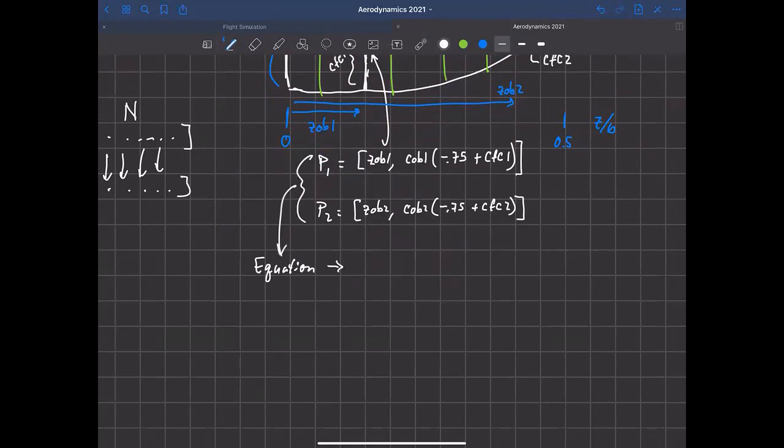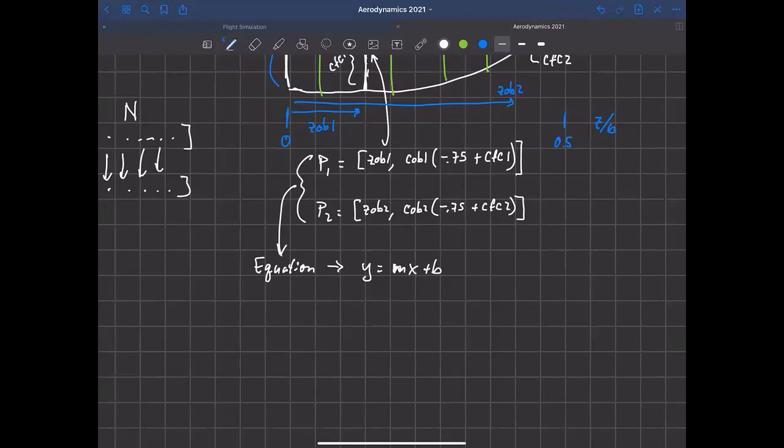I can come up with the equation for a line, and I can put that in the form of y equals mx plus b, right? That's slope-intercept form.